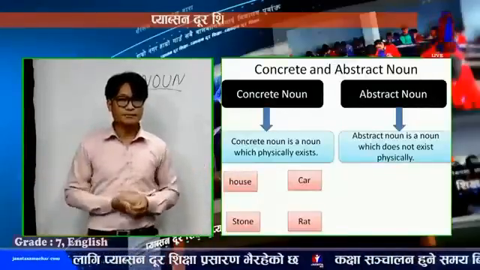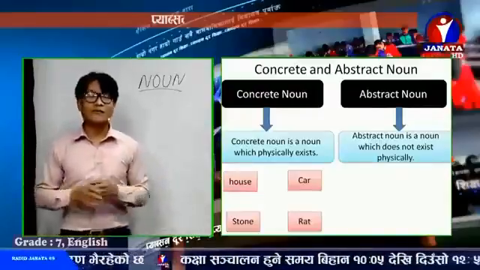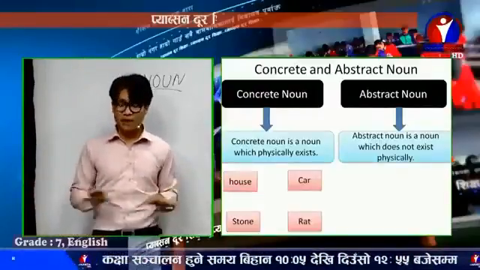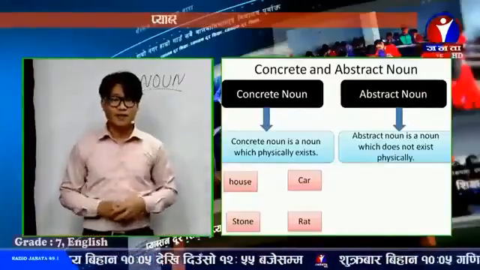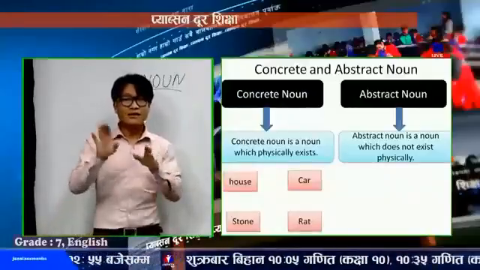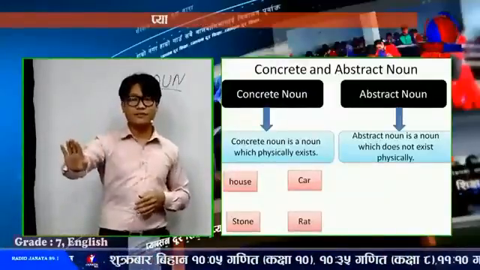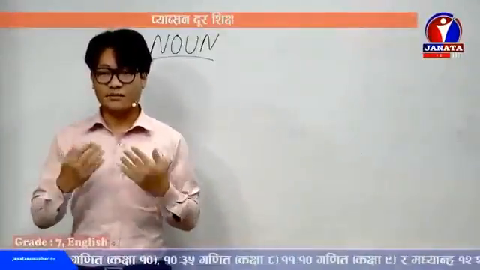Like love, hate, happiness, freedom. These are examples of abstract nouns because we cannot see love. We cannot say, oh, love is going. We cannot touch love. We cannot say, oh, I'm touching love.